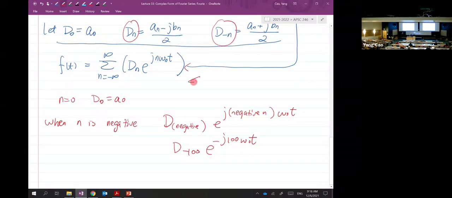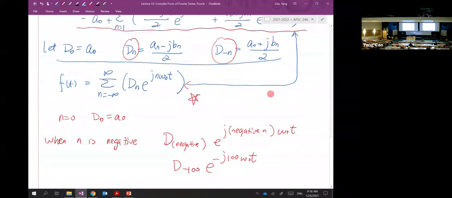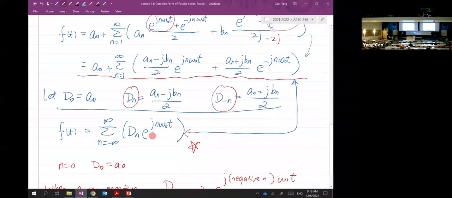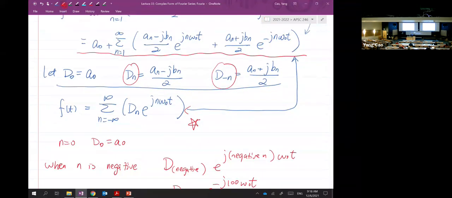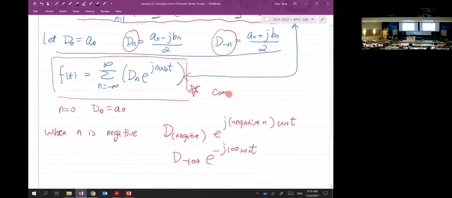So this notation is as far as you can compact the two terms together into one single complex exponential format. So this expression here is actually what we're looking for. It's called the complex form of Fourier series.